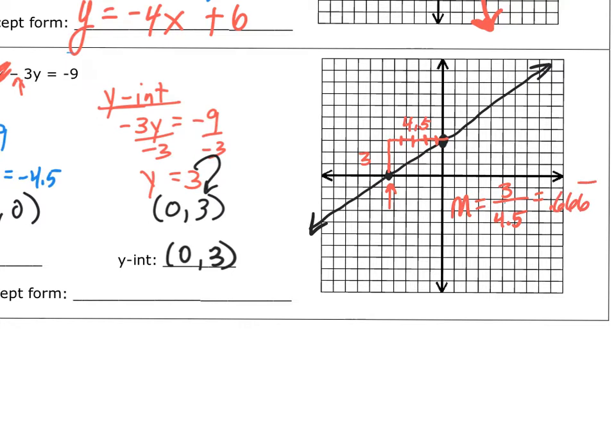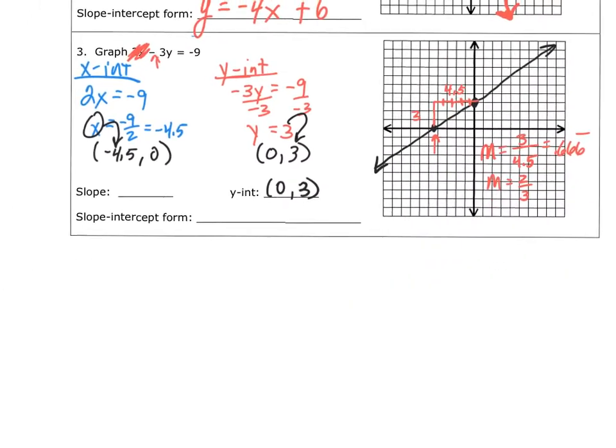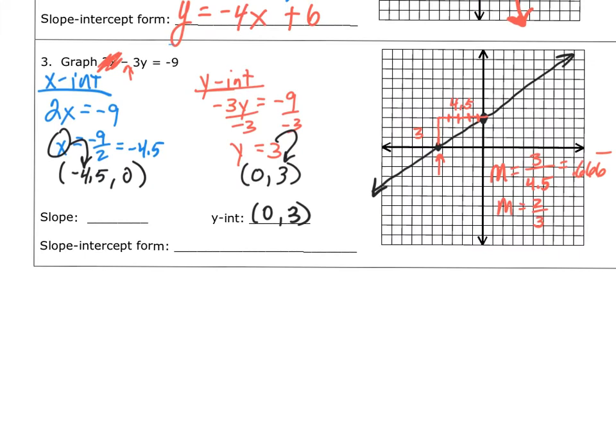On your calculator, you would just type in 0.6 and fill up the screen all the way, so it's like 0.66666, and then do math, enter, enter, and it'll give you the fraction 2/3. So I know the slope is 2/3. Now I have everything I need to write it in slope-intercept form. So I say y equals 2/3 x plus 3.